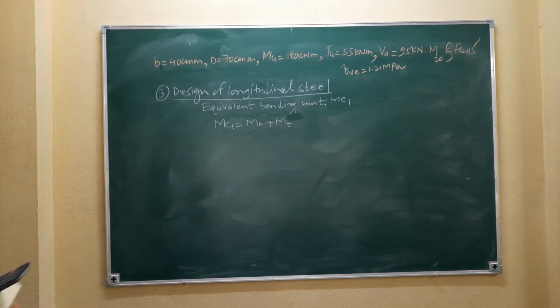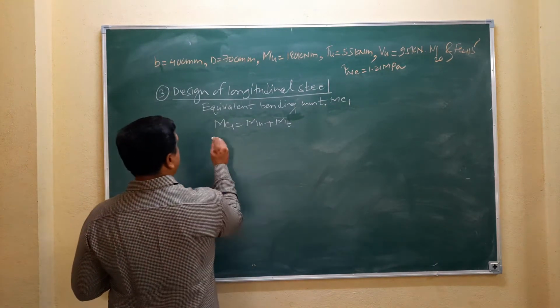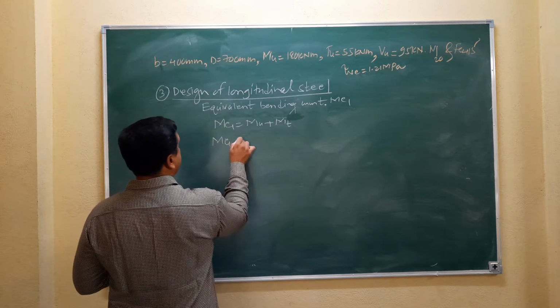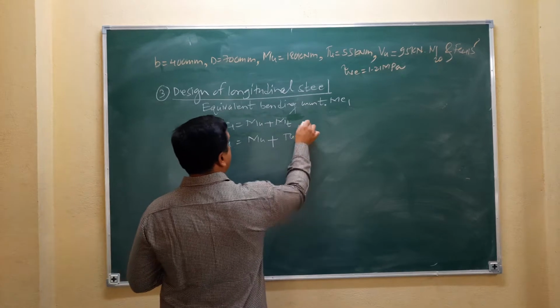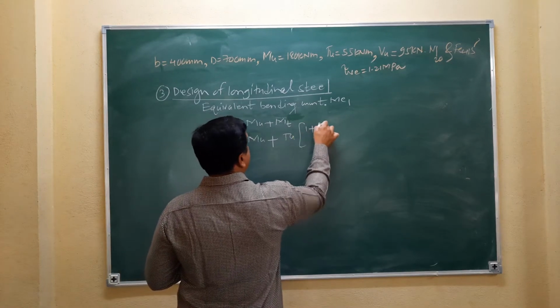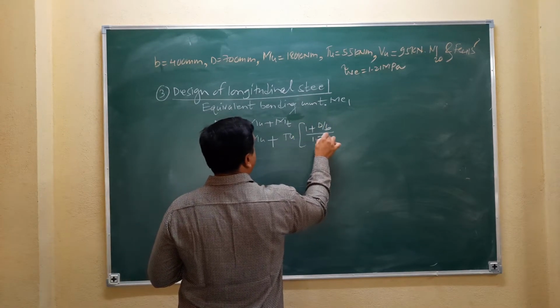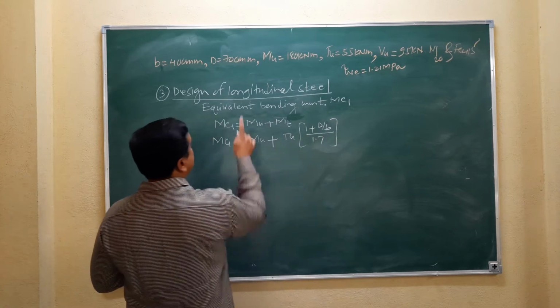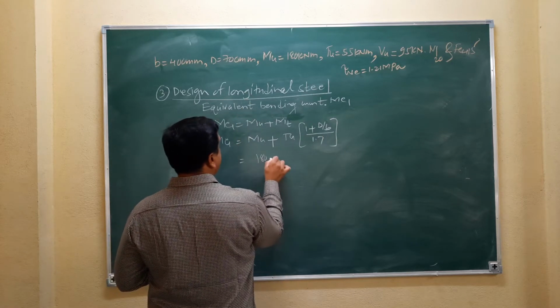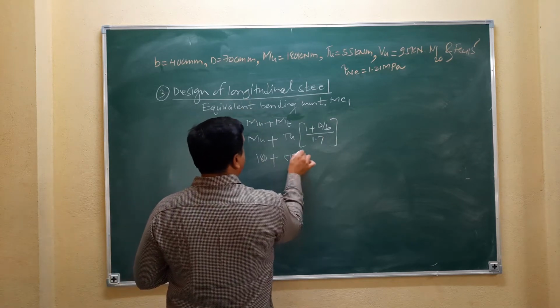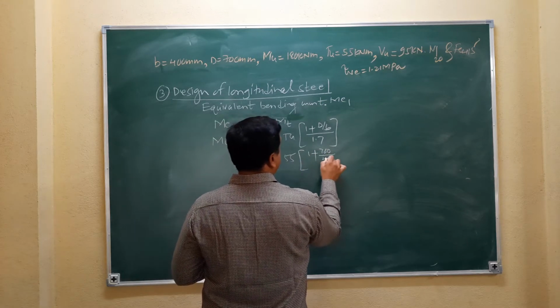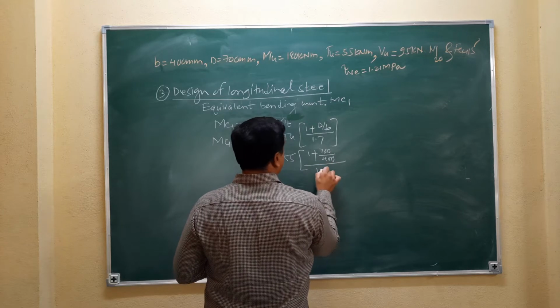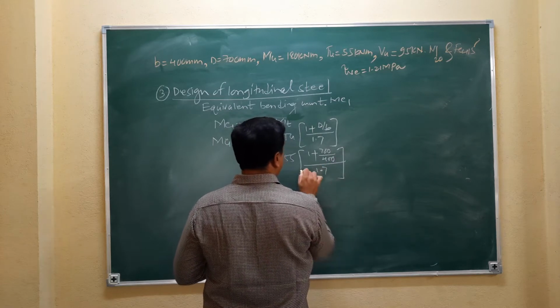On page number 75, we have this formula. Me1 is equal to Mu plus Mt, where Mt is Tu into 1 plus capital D by b, divided by 1.7. So we have Mu is 180 plus Tu is 55, 1 plus 700 divided by 400, whole divided by 1.7.